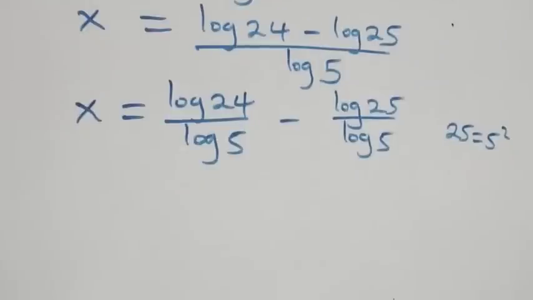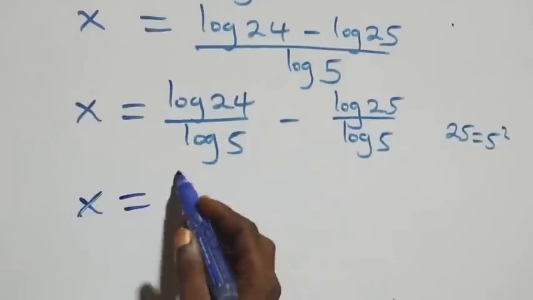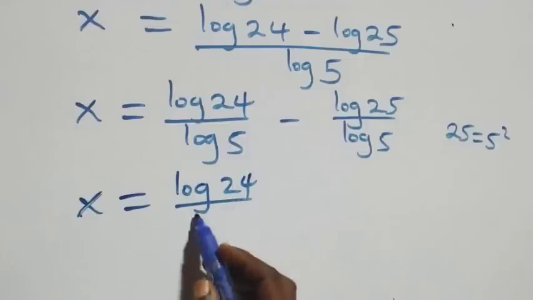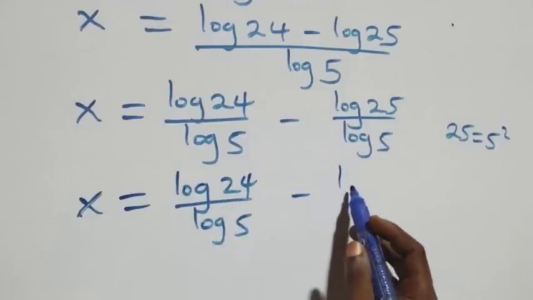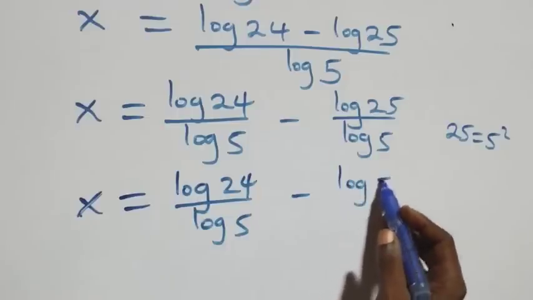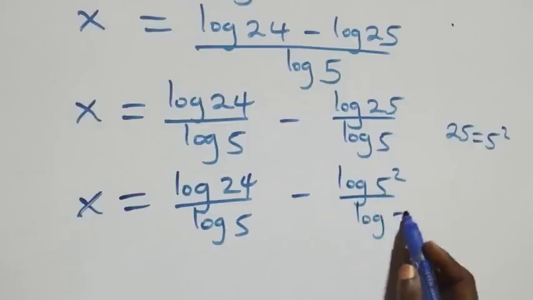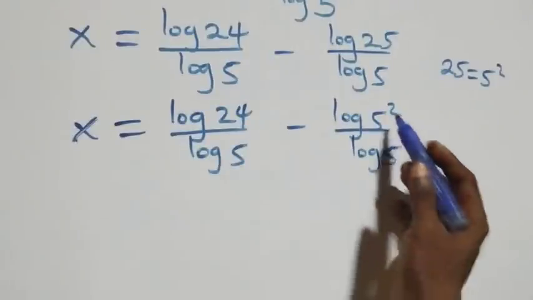Then what we have now becomes x equals log 24 over log 5 minus log 5 squared over log 5. Then when we apply the power law of logarithm here, 2 comes here.